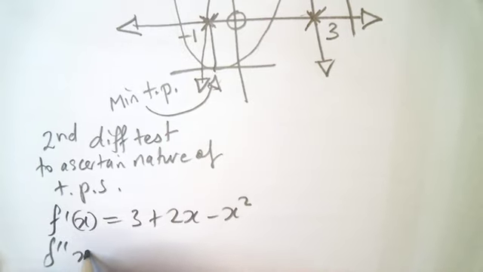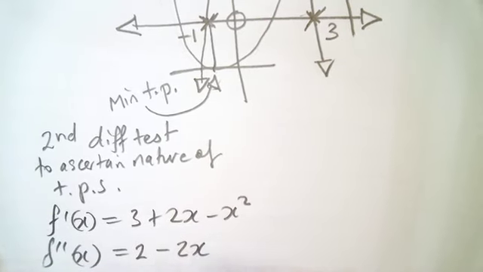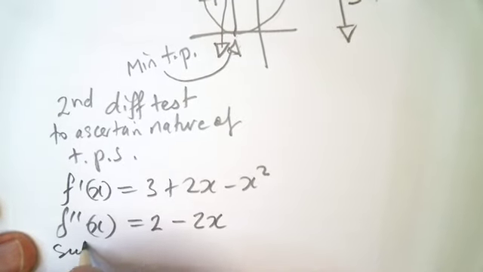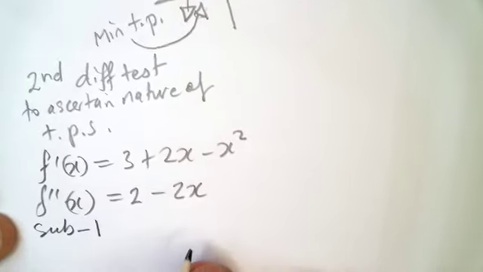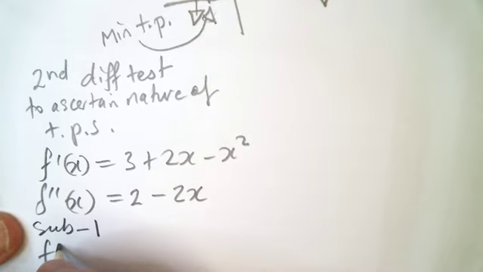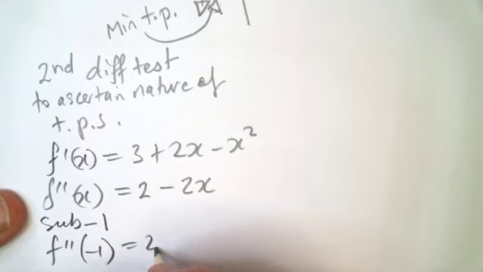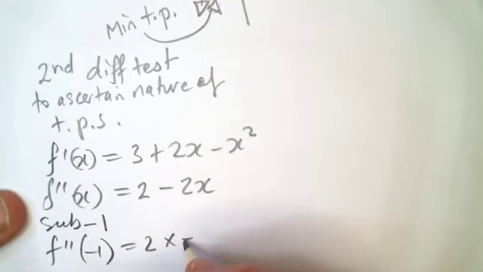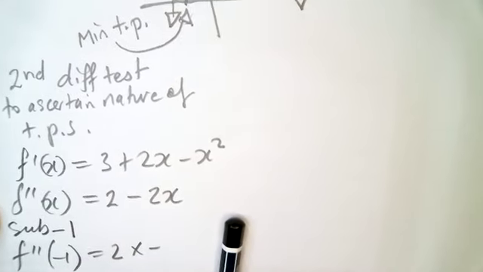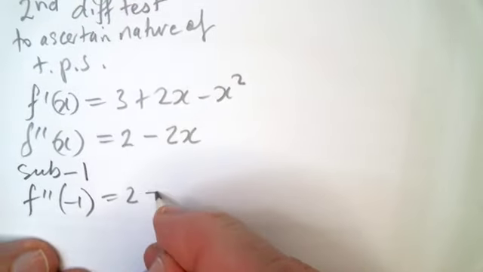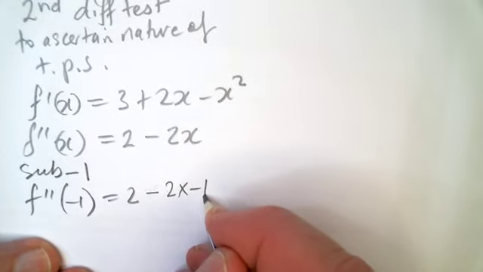F double prime x, therefore, is equal to 2 minus 2x. So substitute in negative 1. So f double prime negative 1 is equal to 2 minus 2 times negative 1.